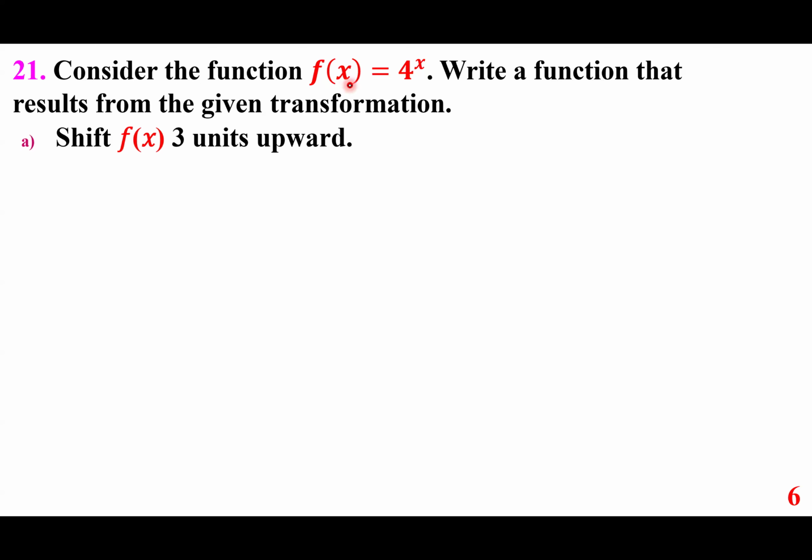Consider the function f(x) = 4^x, right? A function that results from the given transformation. Shift f(x) 3 units up. So f(x), just add 3. Shift it up by 3 units.